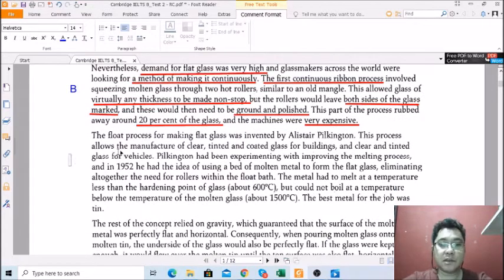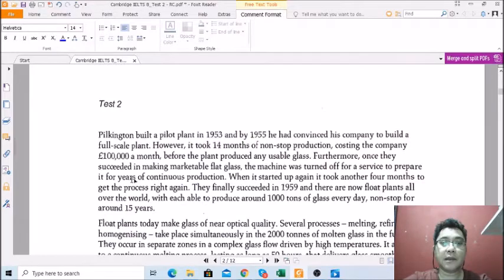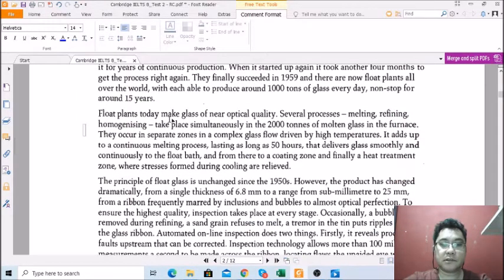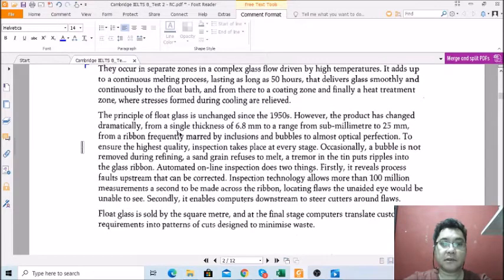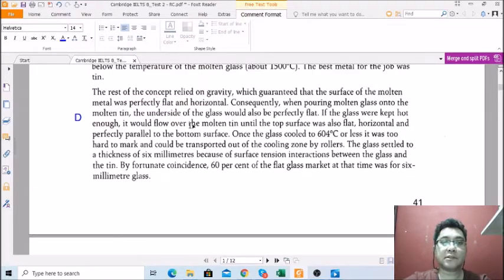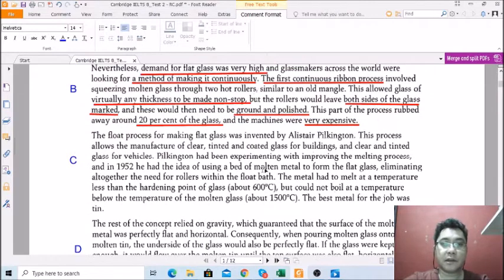And this one is C, and this one is D, and this one is E, and this one is F, this one is G, and this one is H. Okay. Well, now we go to the third, which is actually paragraph C. I'll give you 2 minutes to read.